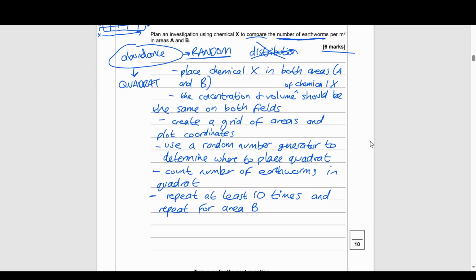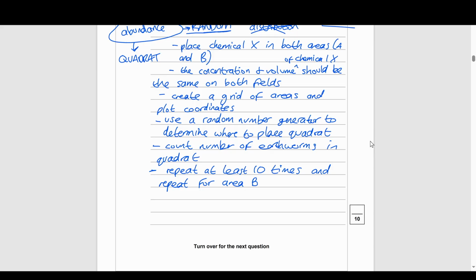Okay, so once we've repeated 10 times on both areas, the next thing that we should be thinking about doing, because we've done repeats to ensure that there's no anomalies in our data, is calculate a mean. Okay, fantastic.